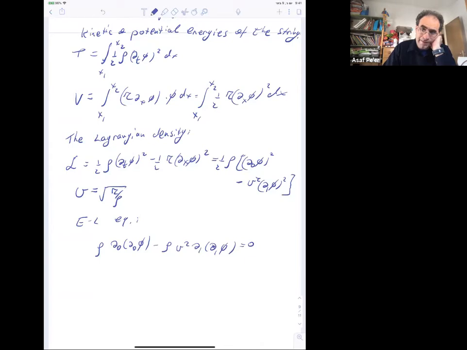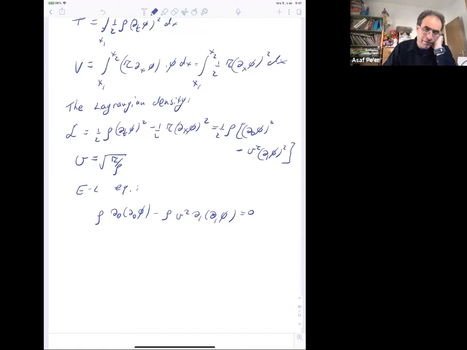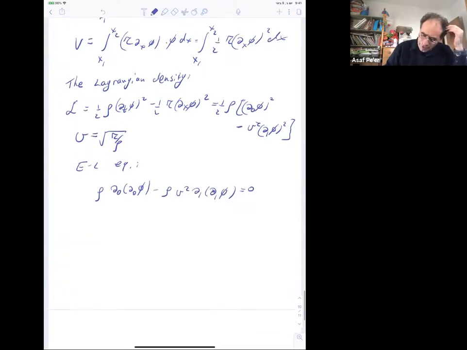You see that? So the field phi, again, what is the field? The field describes the displacement. This is really y of x. It describes the displacement of the string, and it satisfies the equation of motion of phi.